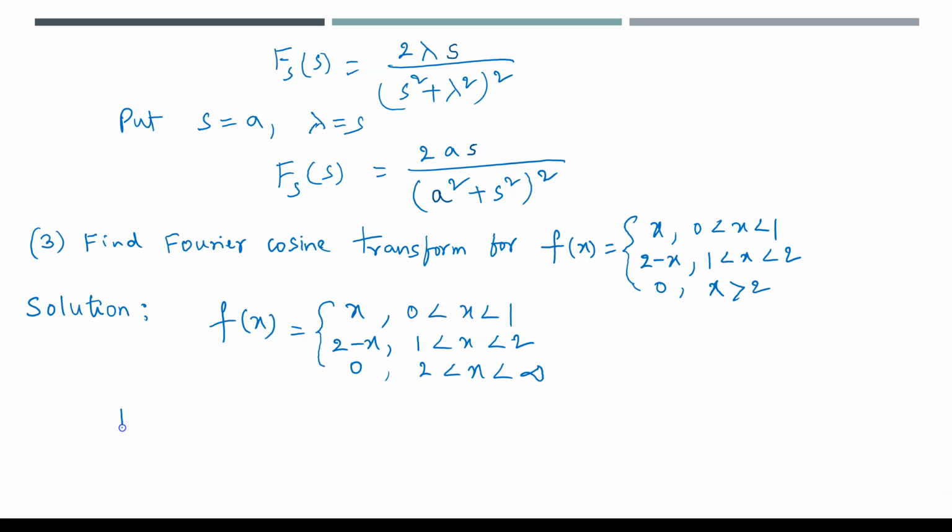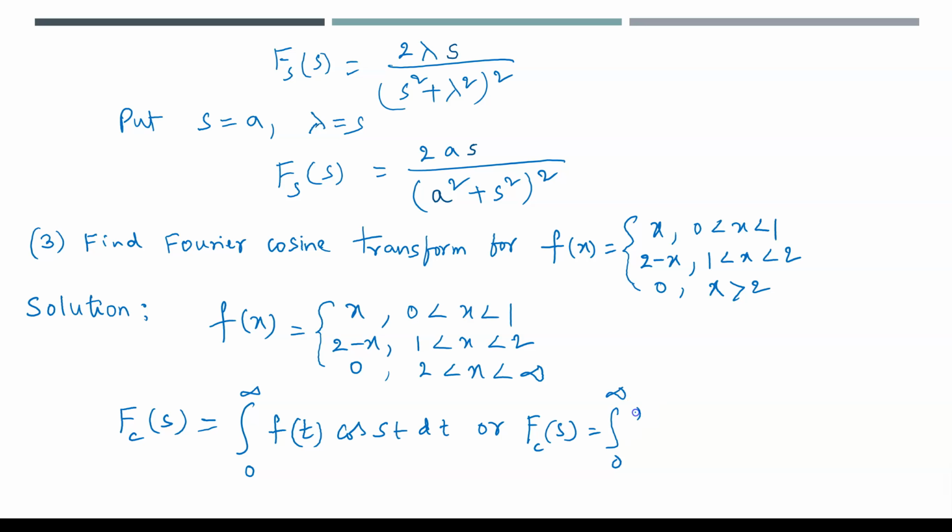The formula of Fourier cosine transform is Fc(s) equal to integral 0 to infinity f(t) cos st dt, or you can write Fc(s) equal to integral 0 to infinity f(x) cos sx dx.